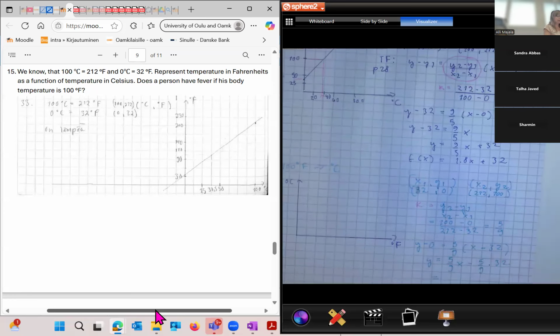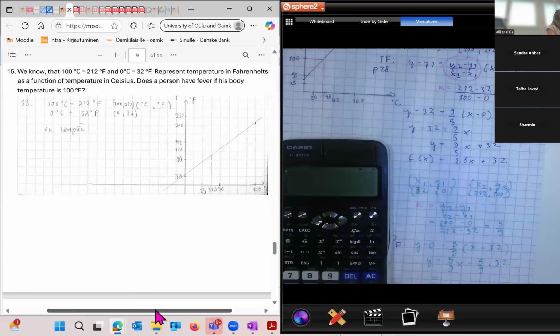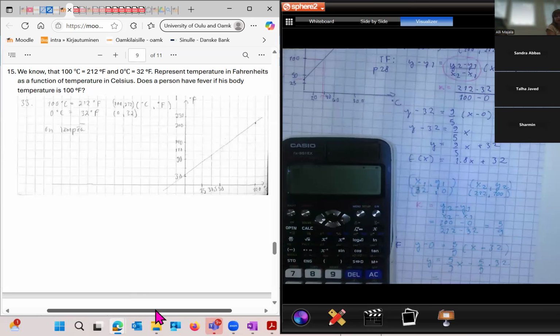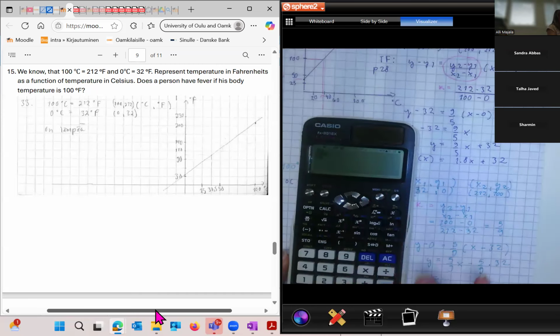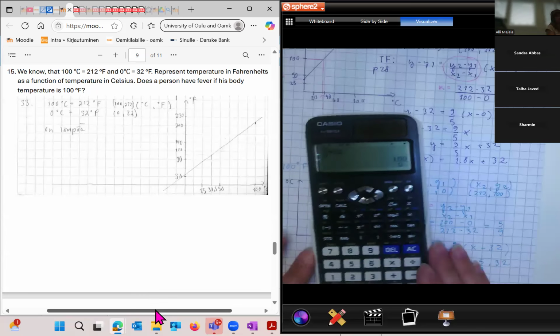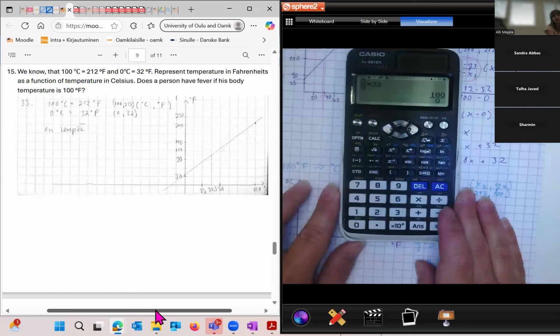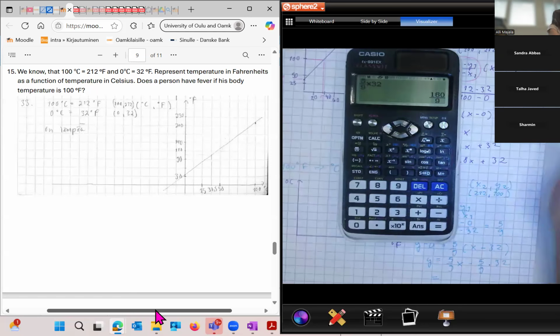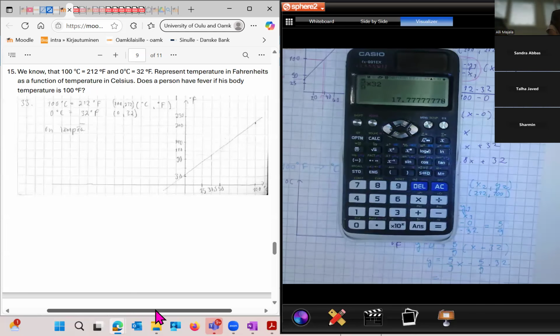And I actually get 5/9 times 32. I get something like this. It can't be, what was the correct word? Reduced any further, or then I lose some information. So I'll put it like this.